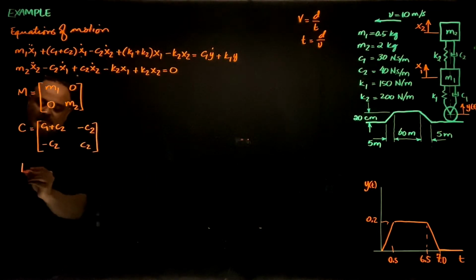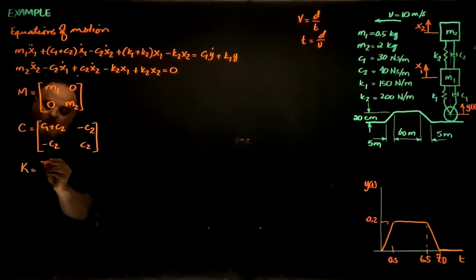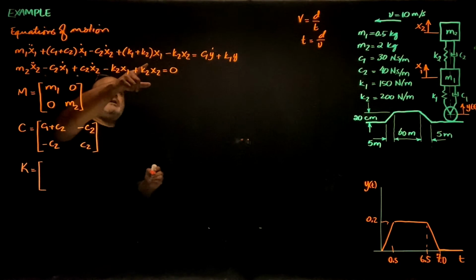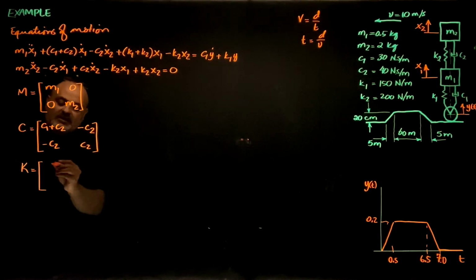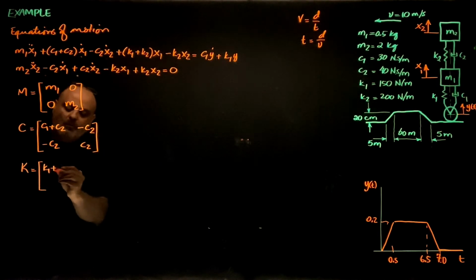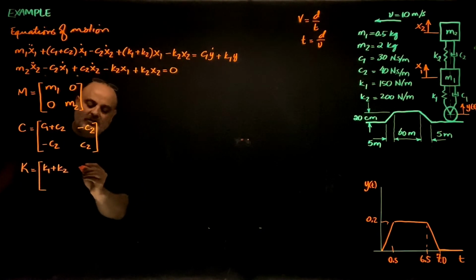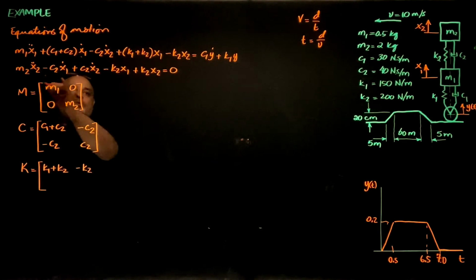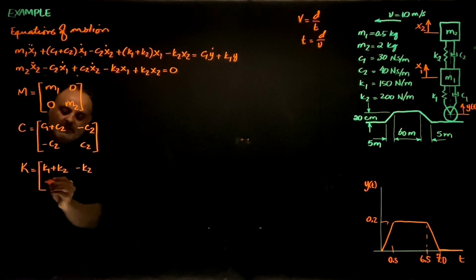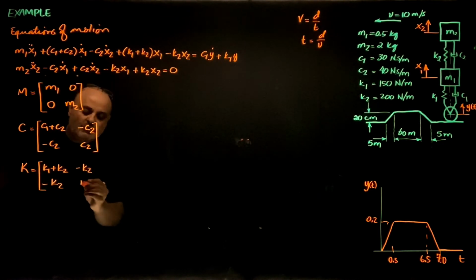Finally, the stiffness matrix is: x1, k1 plus k2, x2 is negative k2, and on the other equation, negative k2 x1 and k2 x2.